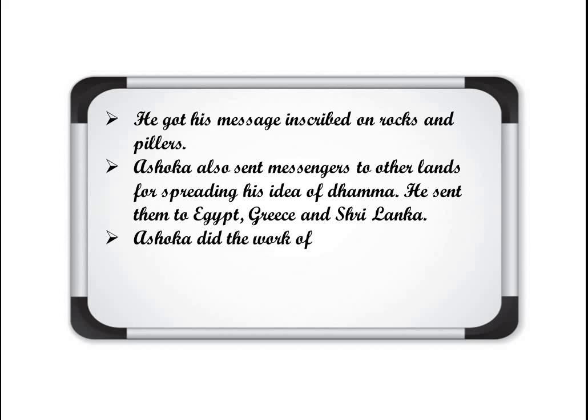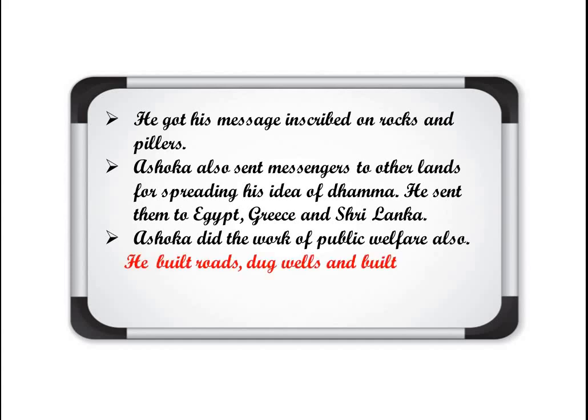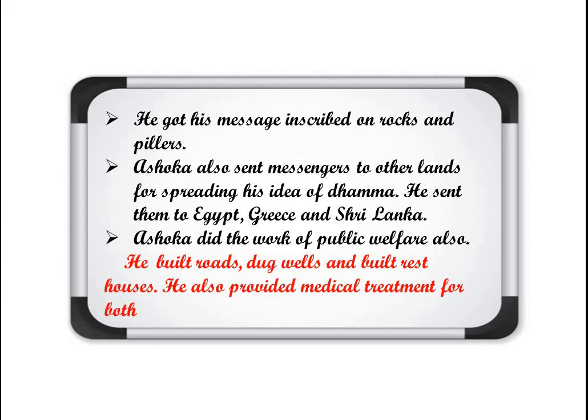Ashoka did the work of public welfare also. He built roads, dug wells and built rest houses. He also provided medical treatment for both human beings and animals. Earlier also I told you that he did many welfare works.